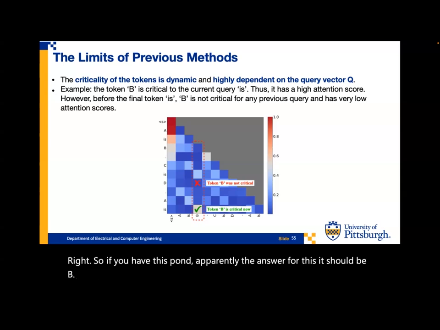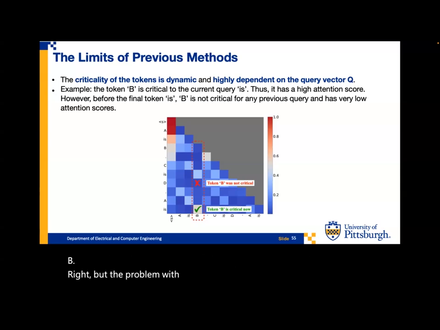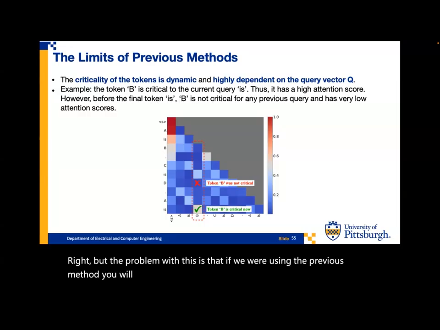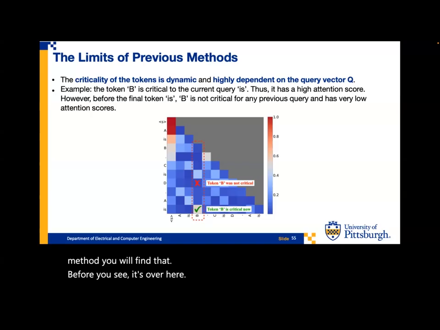But the problem is that if we were using the previous method, you will find that before you see this "is" over here, token B was not important at all. Because if you look at this, B is not attended by any of these so far.